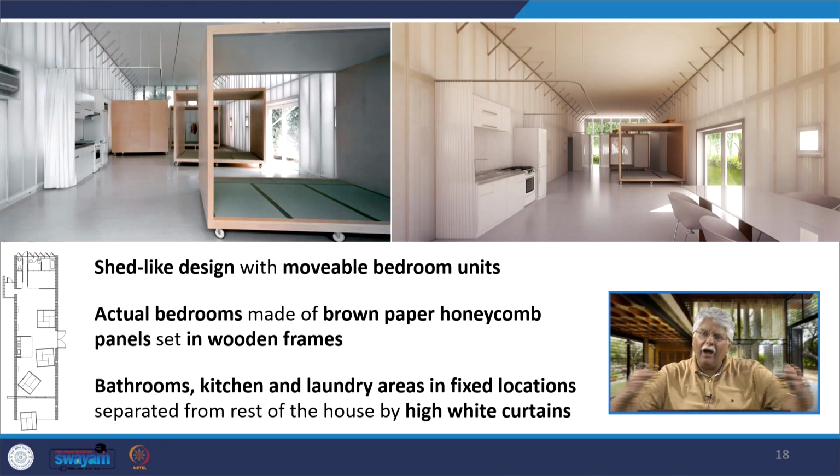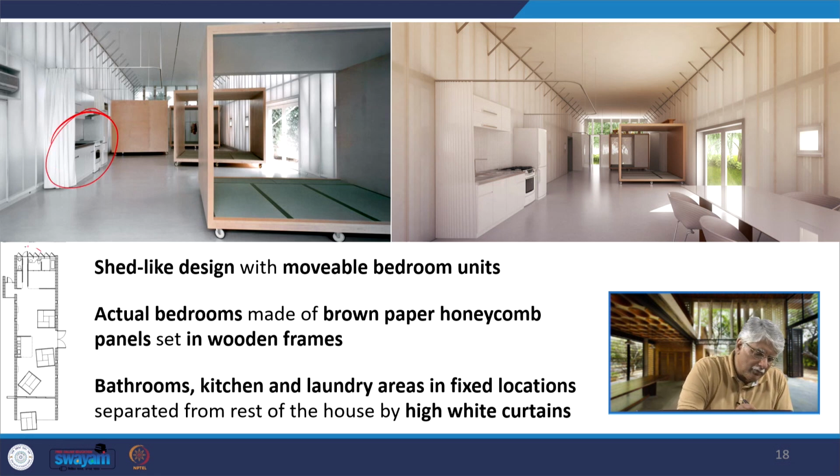The whole house is one, but there are certain fixed areas like the washroom, etc. Here also the whole house, even the rooms are movable. The fixed points remain, for example the kitchen unit and the washroom space. Only that is fixed. Rest all is movable.